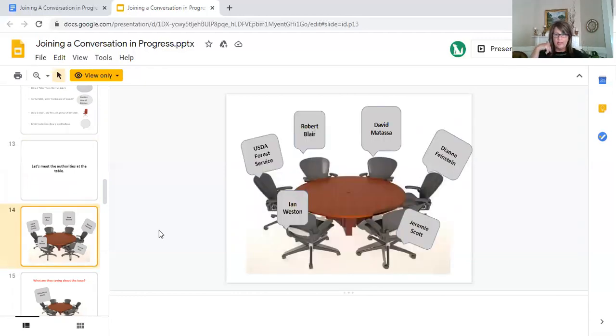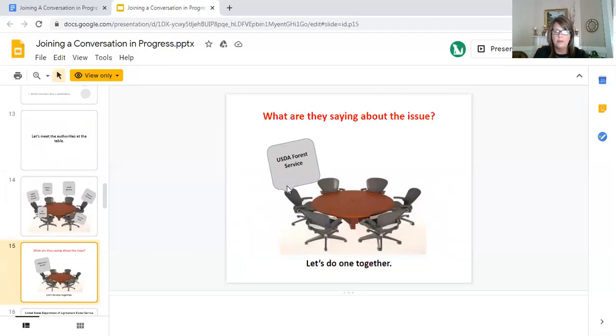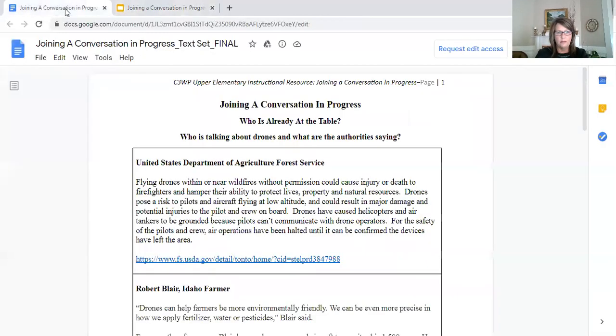So this is what your table should look like. A chair and a word balloon, because we're going to capture what they're saying about this topic. So let's start with the USDA Forest Service. We know a little bit already about what they said. And this is where you need to now look at your text set. So we have a block of text.